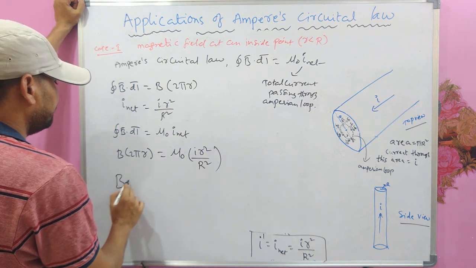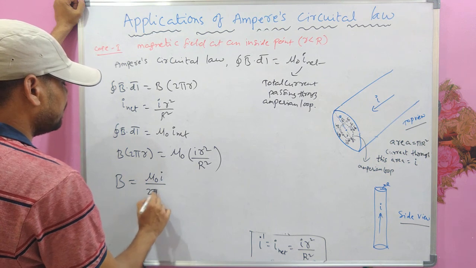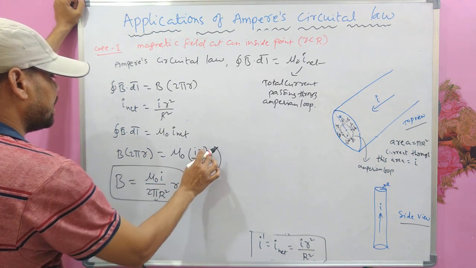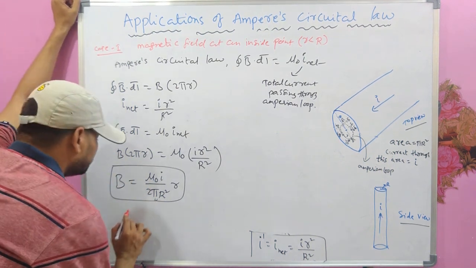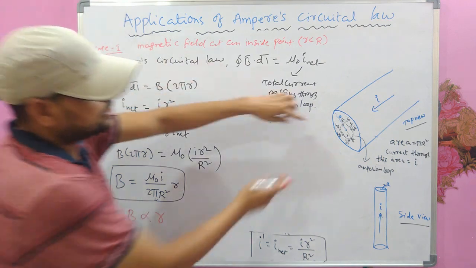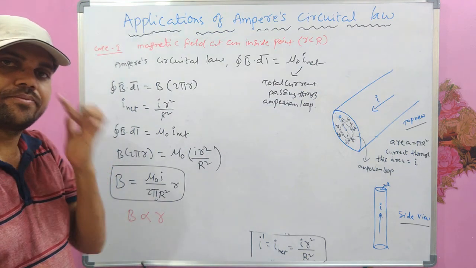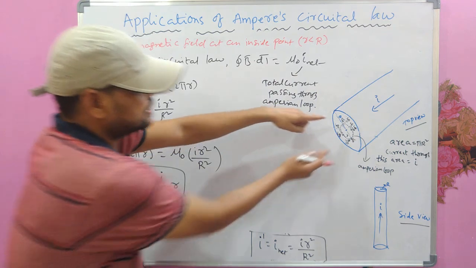And what is B? Mu naught I by 2 pi R square into r. This r square cancels with this r. The most important point here is B is proportional to r, where r is the distance of the point from the center. So as r decreases, B decreases.